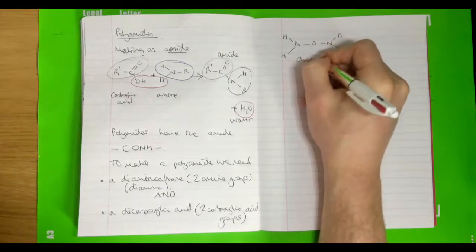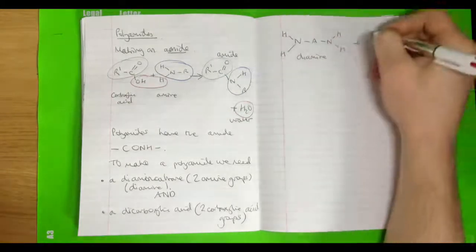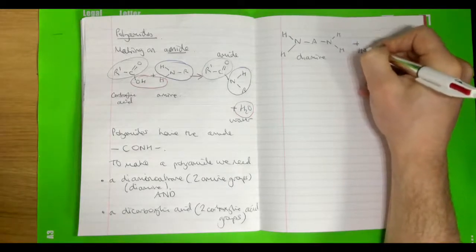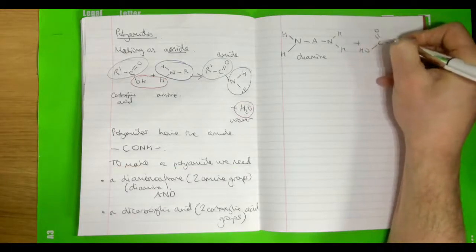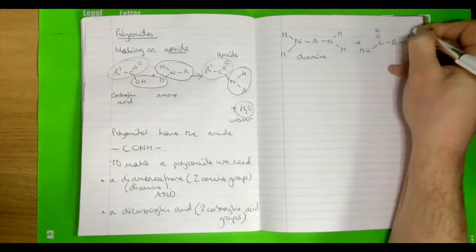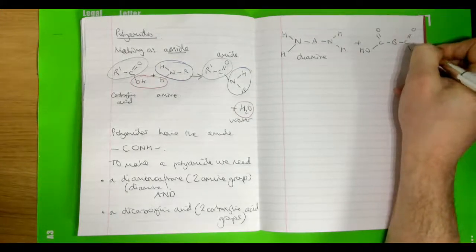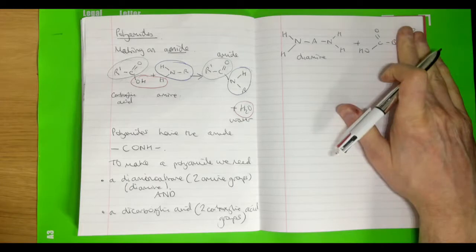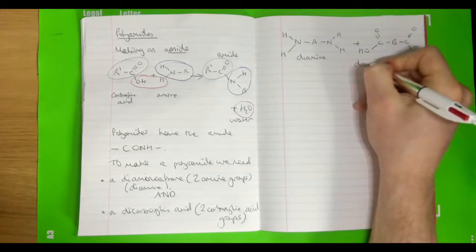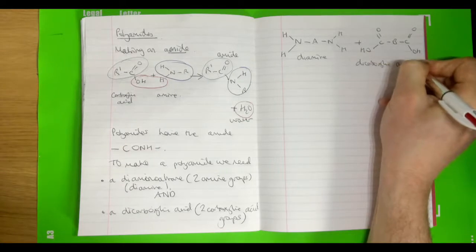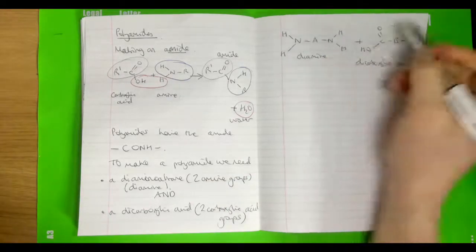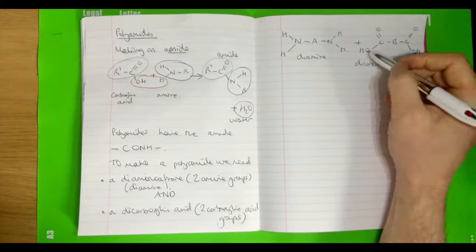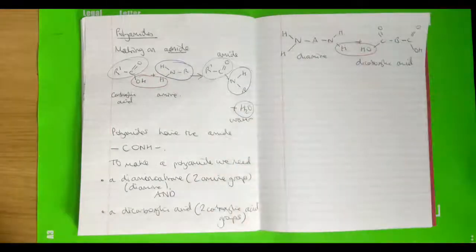It's the same thing. Here we've got a carboxylic acid, and here we've got a dicarboxylic acid. Okay, remember it's the NH bond which breaks and the CO bond which breaks in the dicarboxylic acid. So here we have a molecule of water eliminated there.